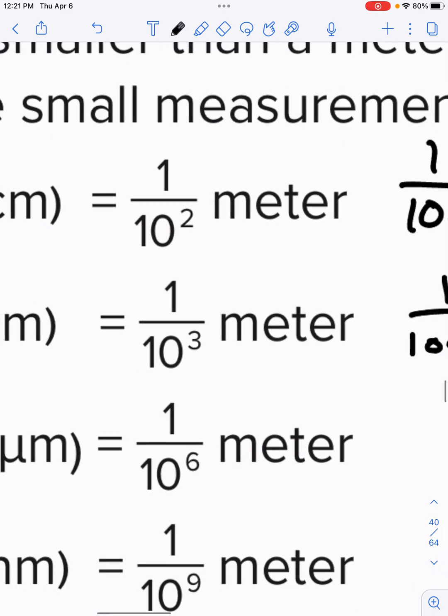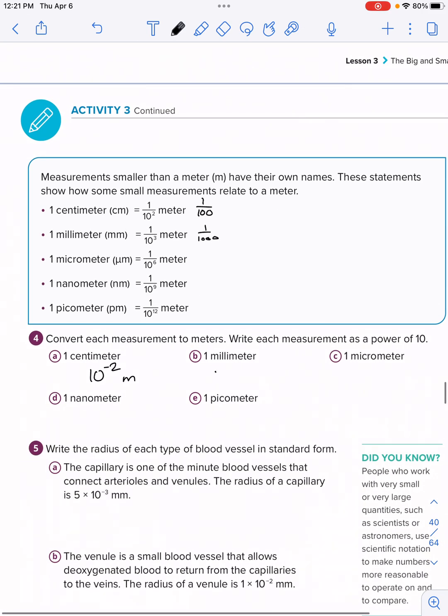This is 1 over 10 to the third power. We could write this as just 10 to the negative third power in terms of meters. Micrometer, 10 to the negative 6 meters. Nanometer right here, that'll be 10 to the negative 9th meter. And a picometer, that's a new word for me, 10 to the negative 12th power in terms of meters.